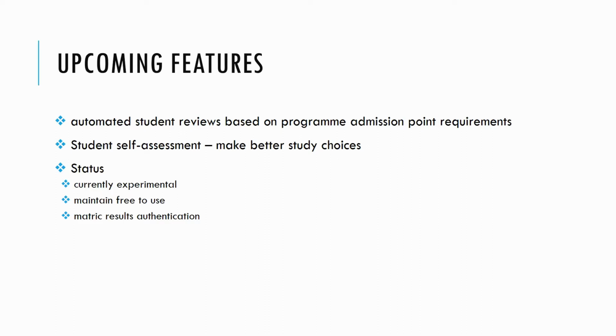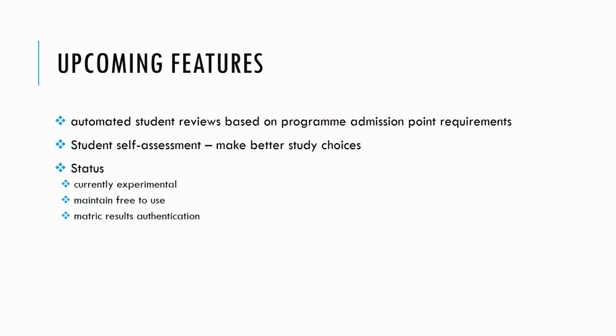In terms of the planned features, in automated reviews, we note that there are many applicants who would fall far short of the program requirements and should be redirected to the programs they are more suited to without the need of a reviewer to read every single application. Second, we note that there are many students who don't make good choices and find out far later that they are not suited for the programs they've chosen.